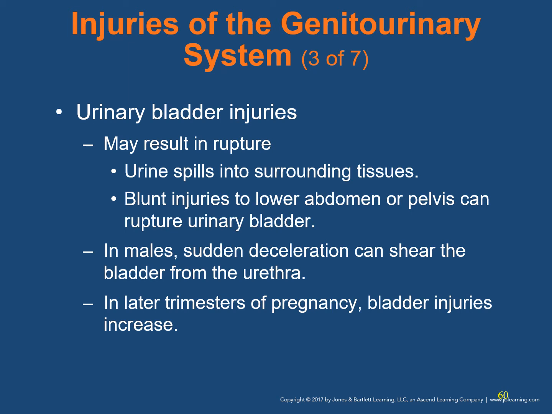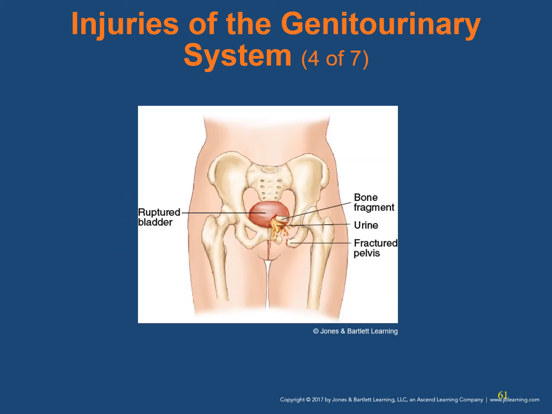In males, sudden deceleration from a motor vehicle or motorcycle crash can shear the bladder from the urethra. In later trimesters of pregnancy, bladder injuries increase from displacement of the uterus. This figure shows how a fracture of the pelvis can result in the perforation of the bladder.